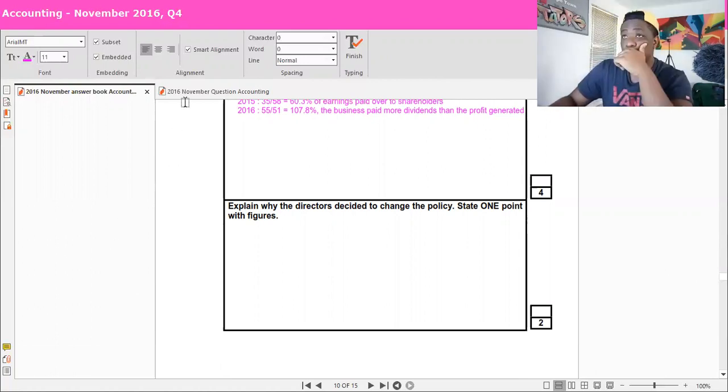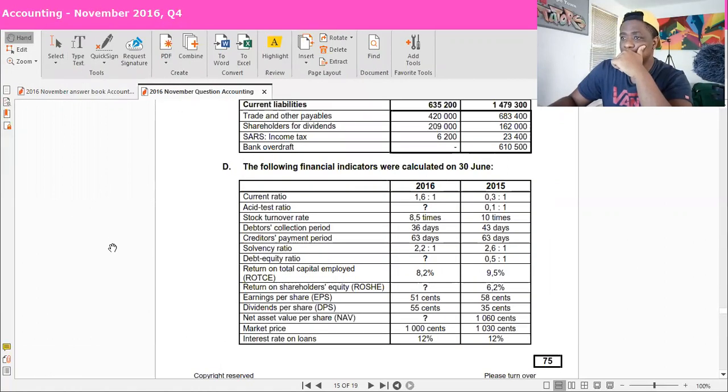So one of the reasons that I did look at, if you look at the market price of shares, you can see there the market price of shares was 1,030 cents, and then in the following year, the market price dropped to 1,000 cents.